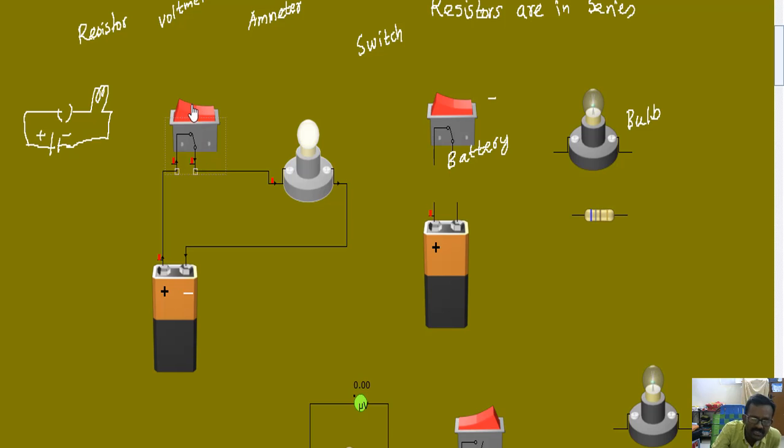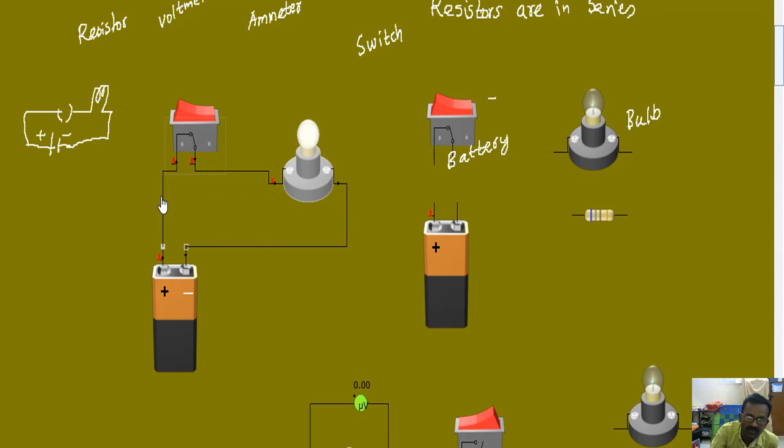What is the function of the switch? If you switch off, this will be open and the connection will be disconnected. If I put the switch in the on state, this terminal will get connected with this terminal.